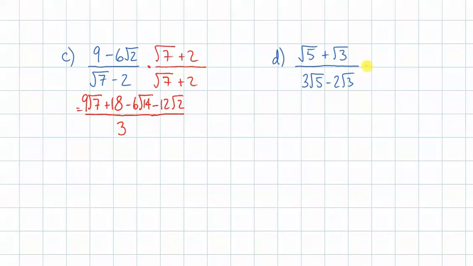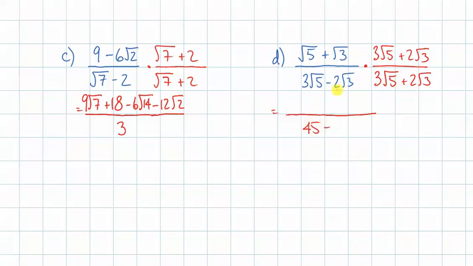Try this problem and pause it for a moment. Okay. Your conjugate is this expression. I'll write it on the numerator and the denominator. So I have 3 squared 9 times 5, 45, minus 2 squared 4 times 3, 12.